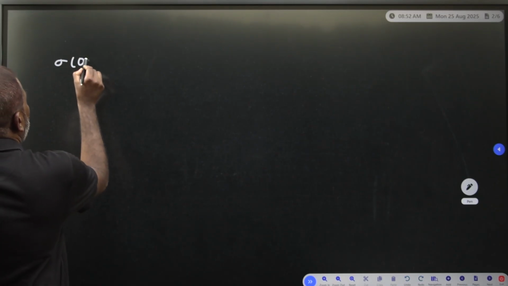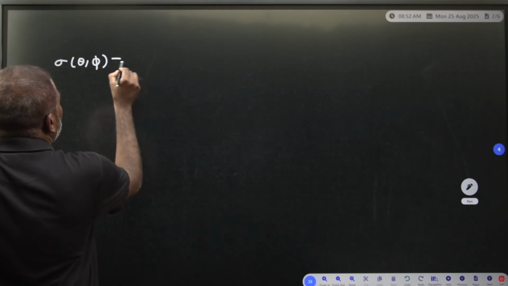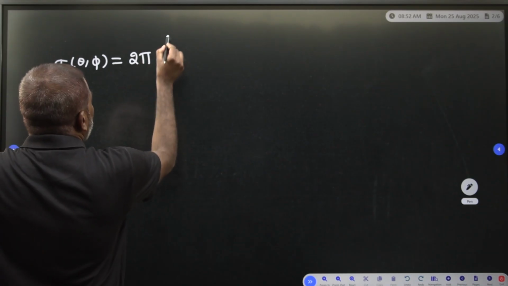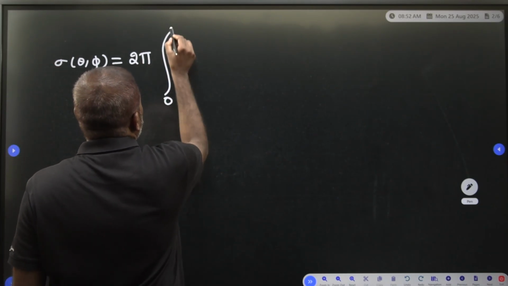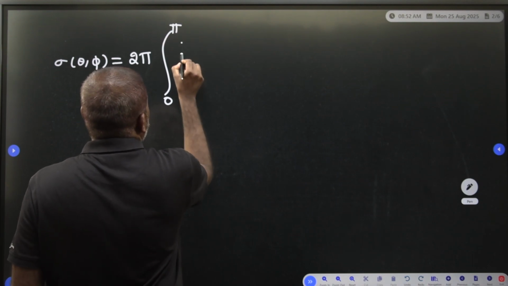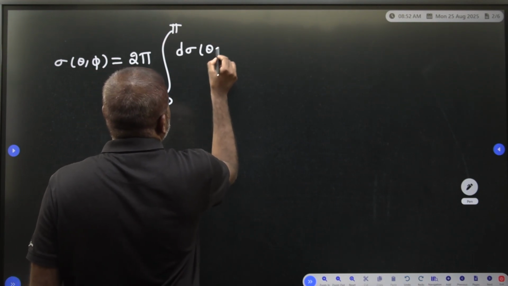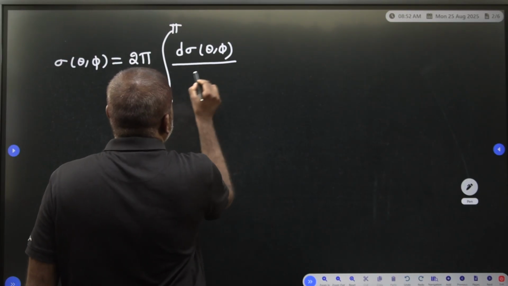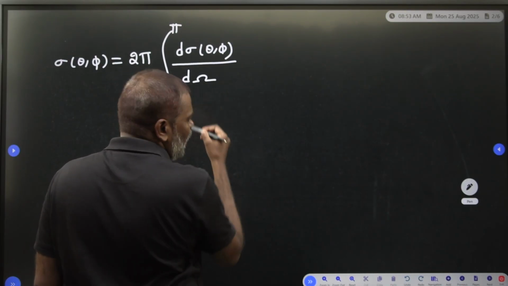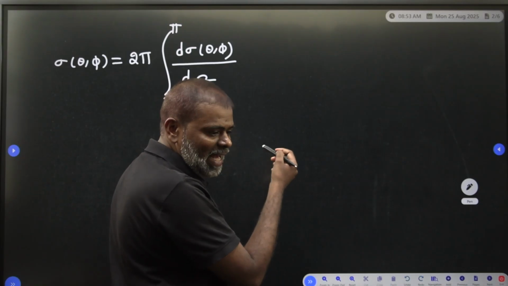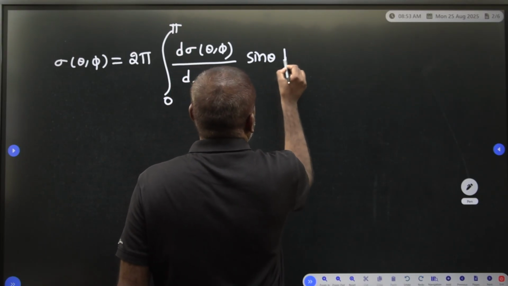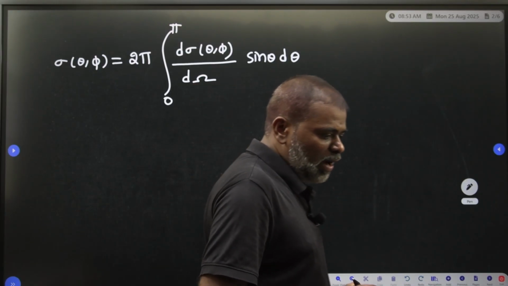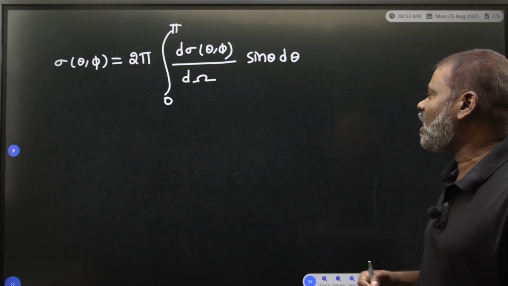We know the formula: sigma is equal to 2 pi into the integral from 0 to pi of d sigma by d omega into sin theta d theta. This is the formula for the total scattering cross section.